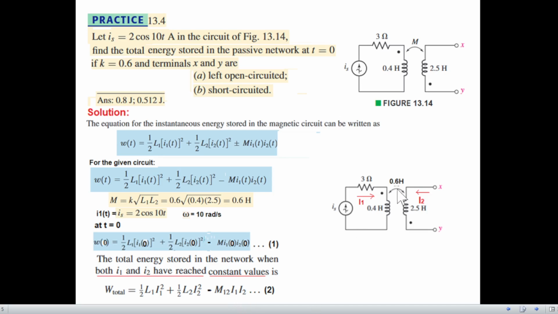Now M12 or M21 has the same value, 0.6. So we'll use this.